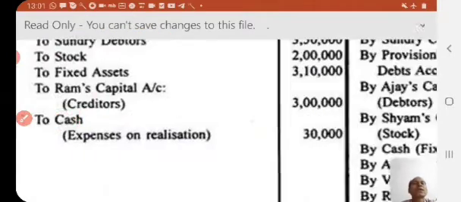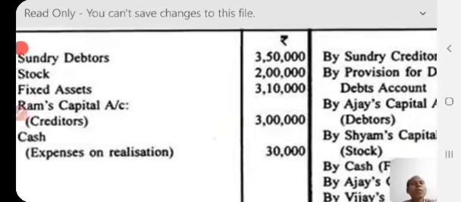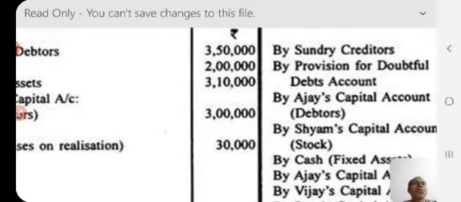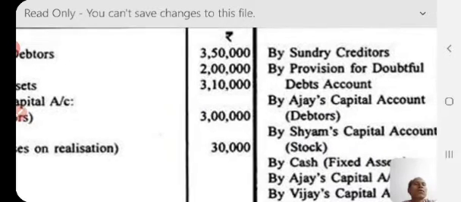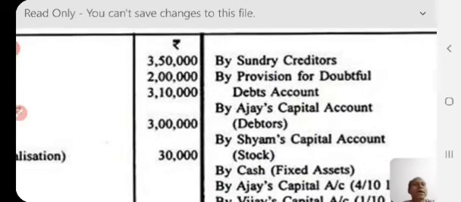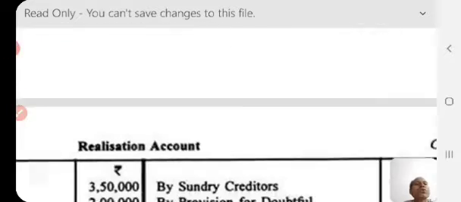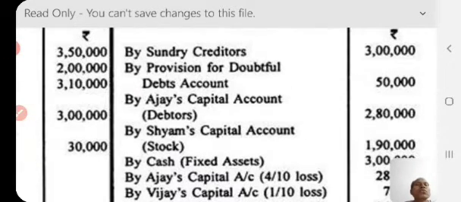Shall we move further? Now, how much amount is realized and how the assets are taken over by different partners is to be recorded. Ajay's capital account: debtors are taken over by Ajay for how much amount? 80% of the book value.